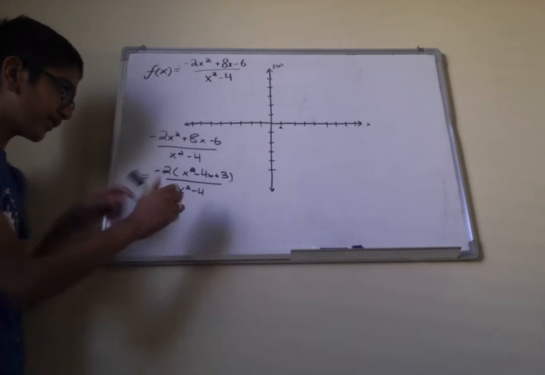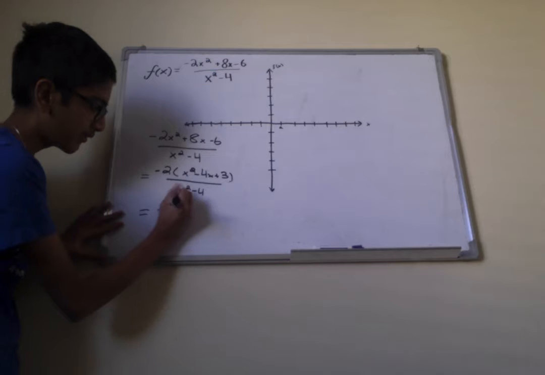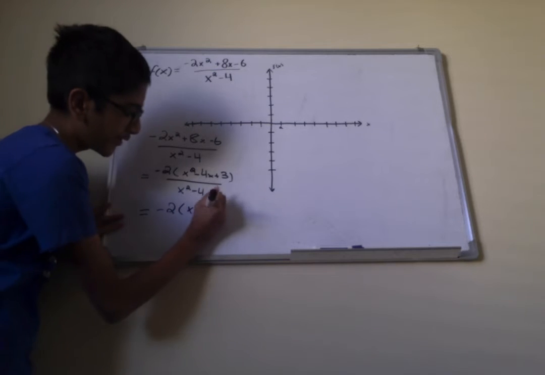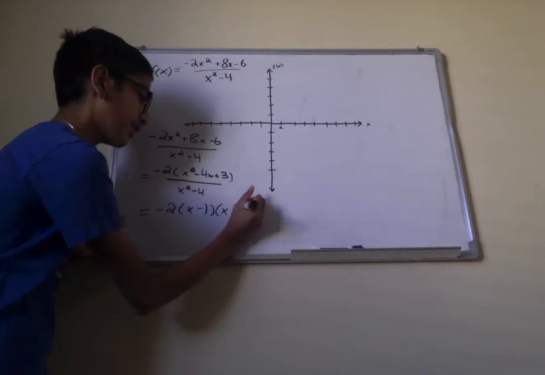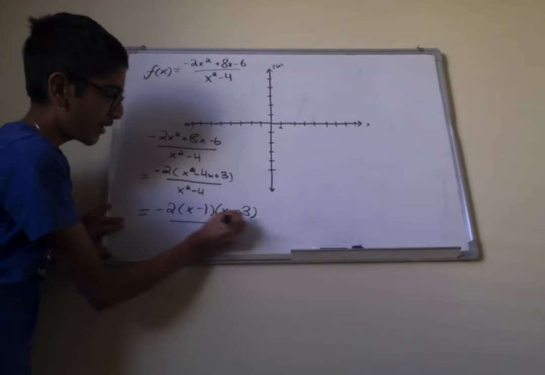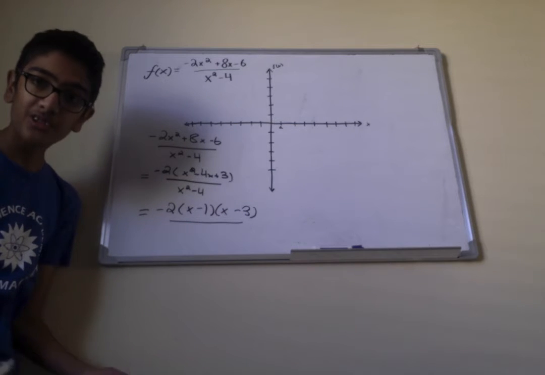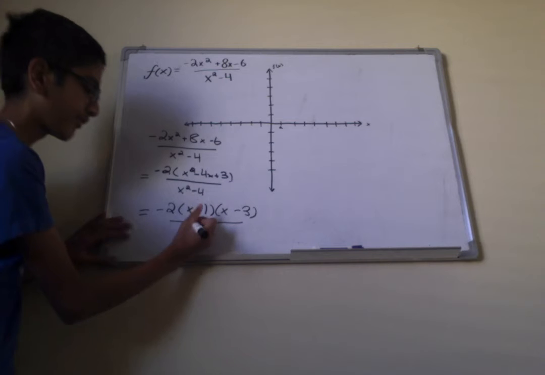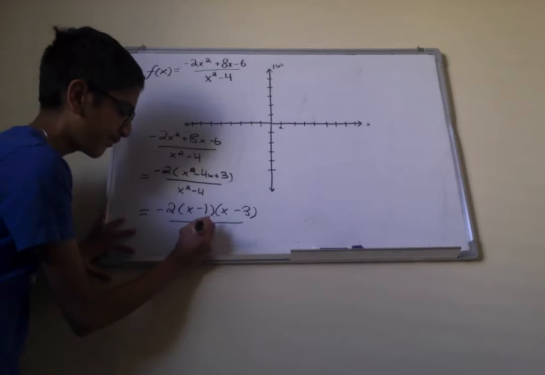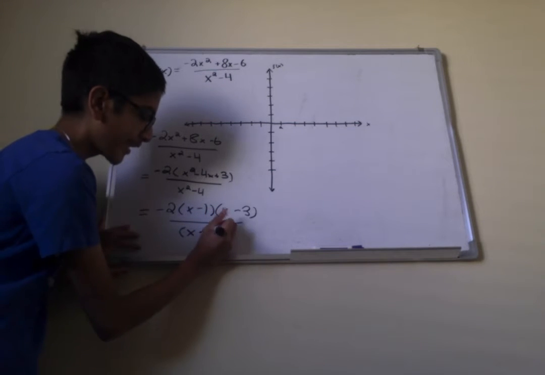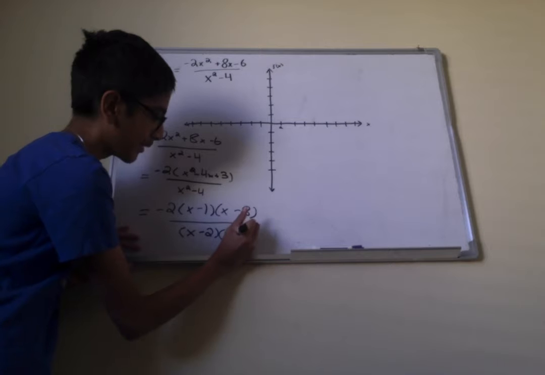And then that top one's going to be minus 2 times x minus 1 times x minus 3. Now the bottom, this one's a difference of squares. What that essentially means is it's a special type of factoring, a special type of formula, I guess. And then it's going to be x minus 2 and x plus 2.